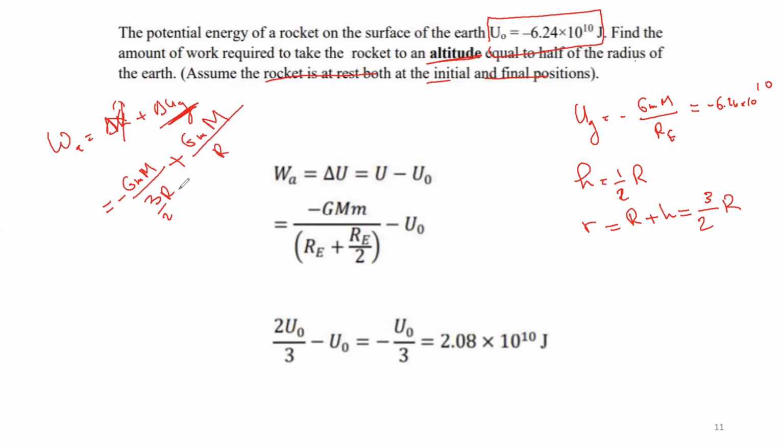Okay, here I'm saying that radius R is the radius of the Earth. So this is minus 2/3 of U0, and this is U0. So I will find minus 2/3 of U0 plus U0.